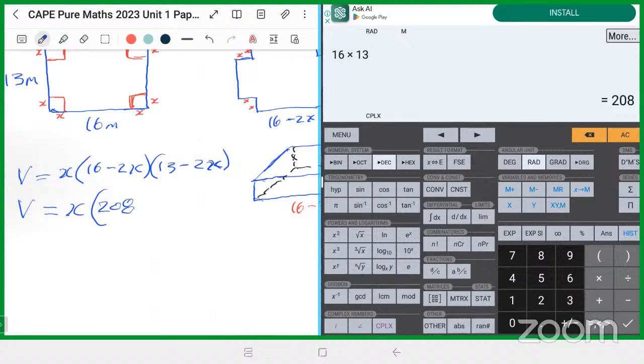Then we're going to do the far product and the near product. The far product is going to be 2 times 16, which is 32, and the near product is going to be 2 times 13, which is 26. So I'm subtracting 32 and 26, that is 58. So I'm subtracting 58x. So it's minus 58x. And then this times this gives you a positive 4x squared.